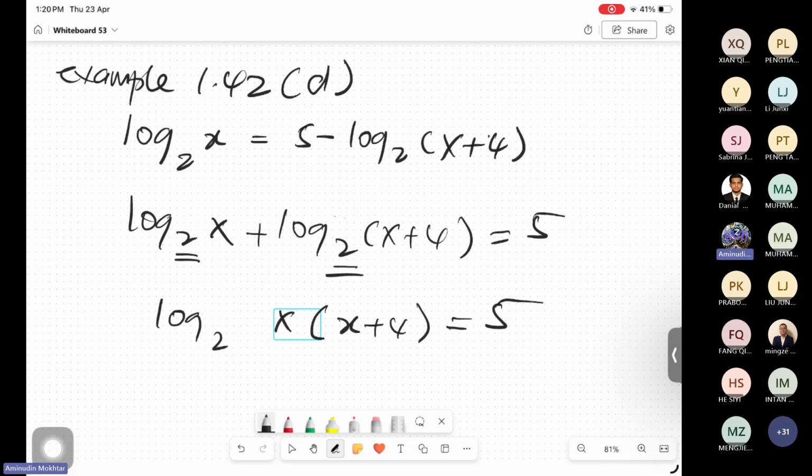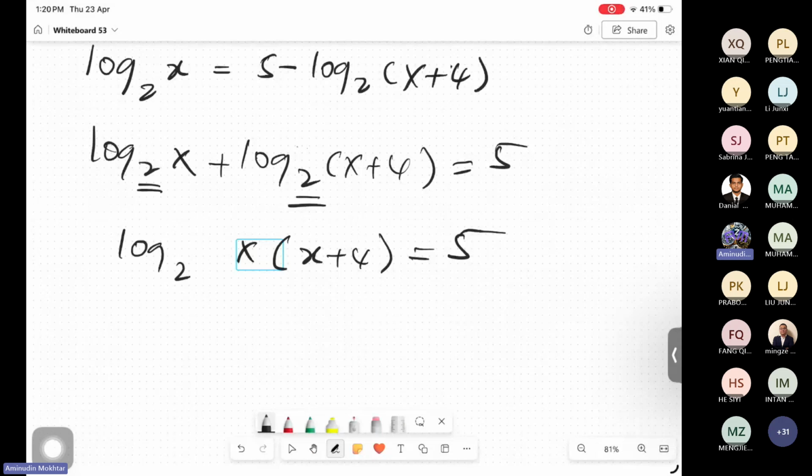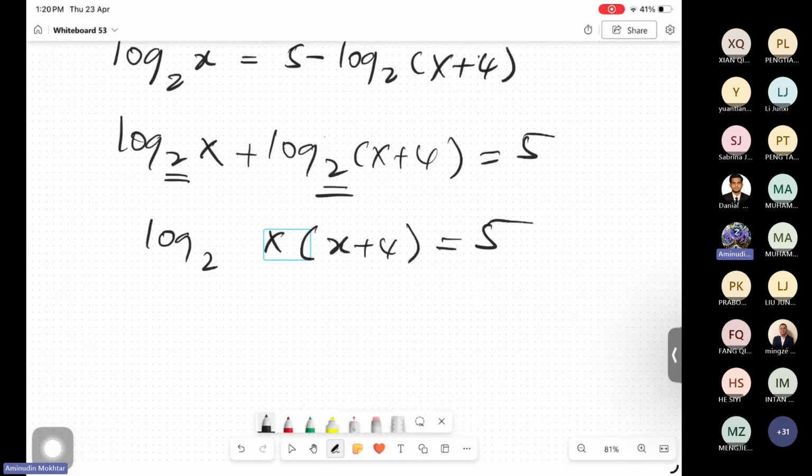Now based on this, we need to find x. I hope you still remember: if y equals log base b of x, then x equals b to the power of y. Here y equals 5, b equals 2, and x equals x times (x plus 4).